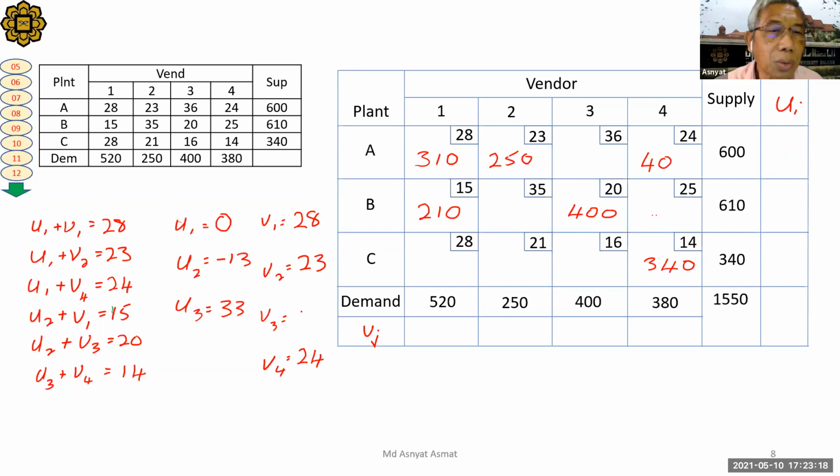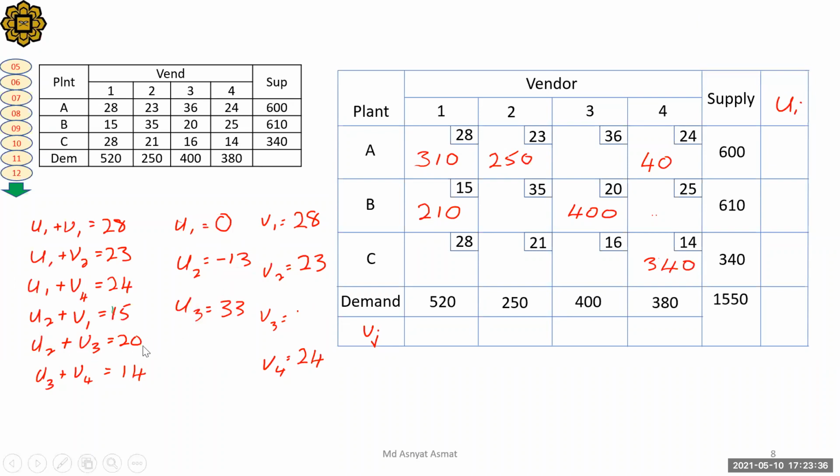V3, U2 is negative 13, becomes 33 also. What is V3? We know U2. U2 is negative 13. Becomes 43. Right? V3 is 43.